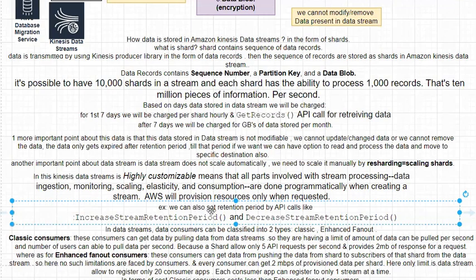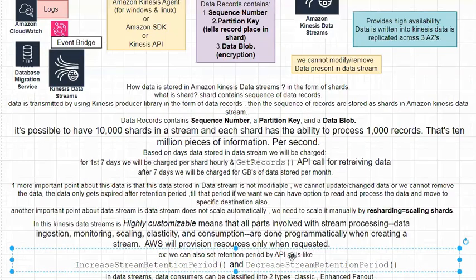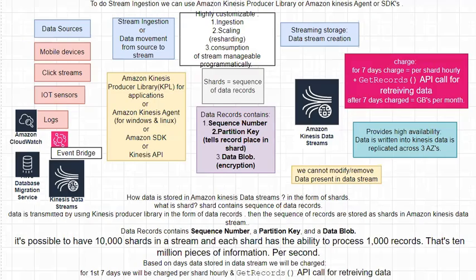The IncreaseStreamRetentionPeriod API call is used to increase the stream's retention period, and DecreaseStreamRetentionPeriod is the API call you can choose to decrease it.